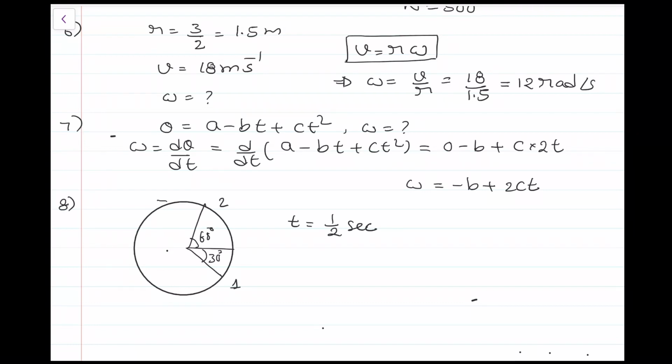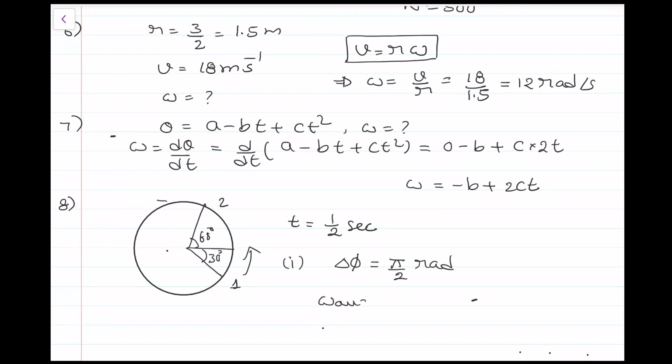Two cases are given, in anti-clockwise sense and in clockwise sense. For example, the first one is going in anti-clockwise sense. When it moves from 1 to 2, the angle turned by its radius vector is pi by 2 radian: 30 degree plus 60 degree, total 90 degree, nothing but pi by 2 radian.